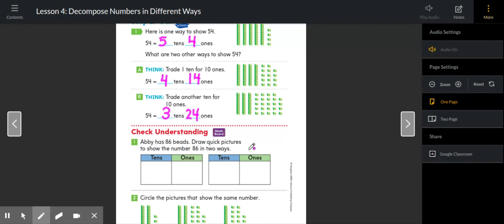We're going to do the same thing down here with beads for Abby. Abby has 86 beads. Draw quick pictures to show the number 86 in 2 different ways. So I always do, the easiest way would be to do a quick 80, right? 8 10s. Then do your 6 ones. And then if we trade one of those 10s in, then we would only have 7 10s.